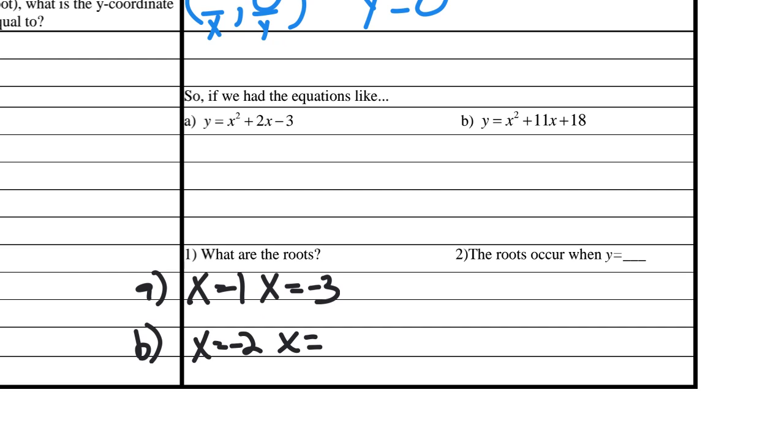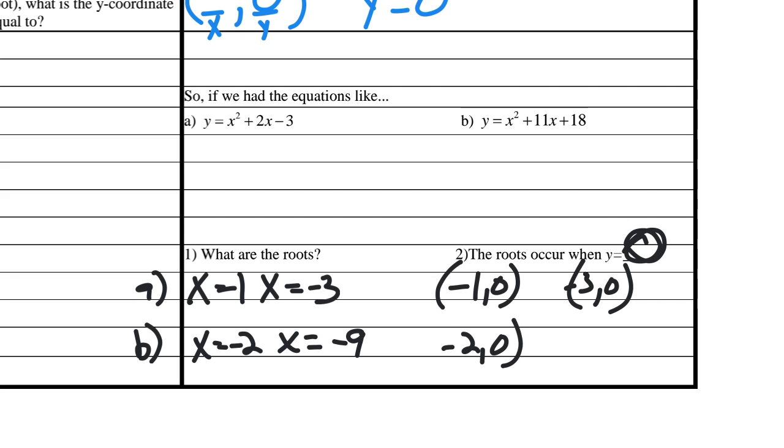So I wrote it as x equals. If we wanted to write it as a point, remembering that the root occurs when y is 0, it would be 1, 0, and -3, 0, and -2, 0, and -9, 0. So you could write it either way, x equals or with the point value. And that was a positive 1, sorry, my mistake. So positive 1.